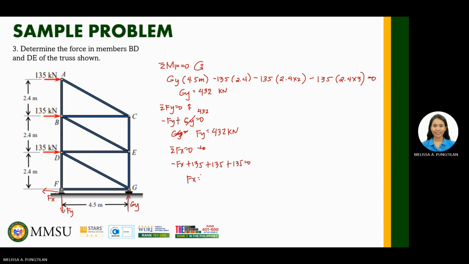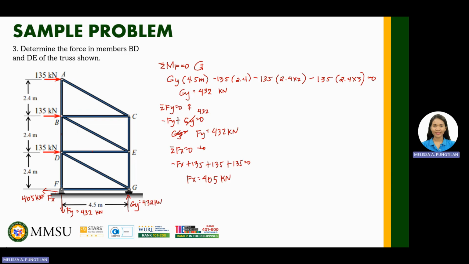We have 405 kilonewton. Okay, so those are the forces or support reactions. 405 Fx, Fy 432 kilonewton, also Gy 432.